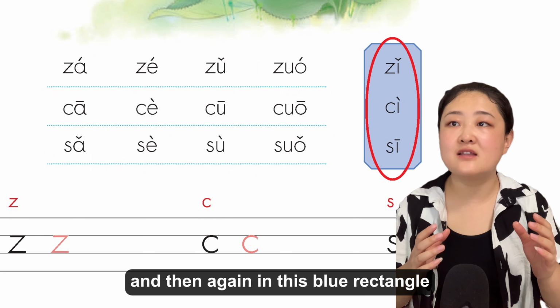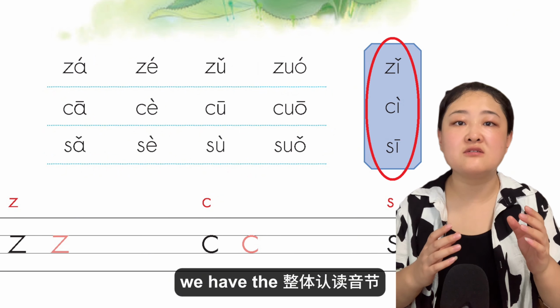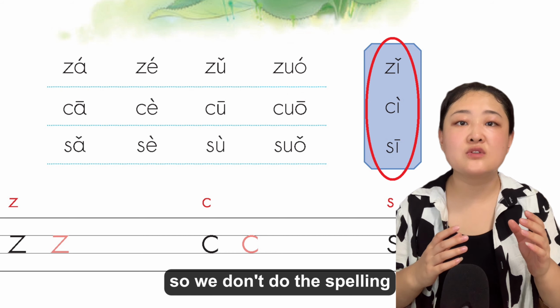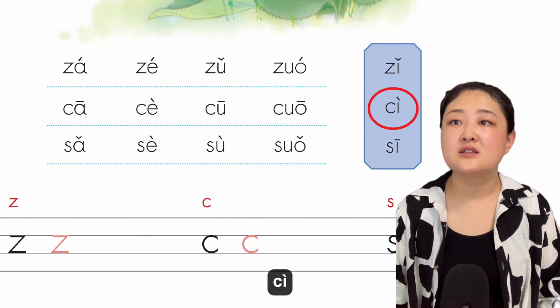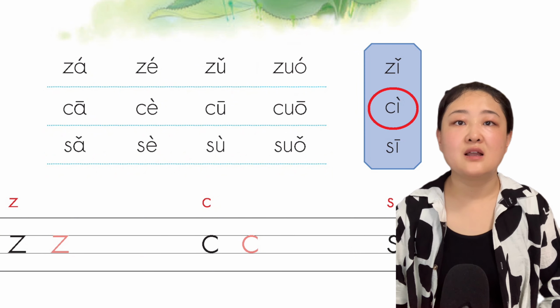And then again, in this blue rectangle, we have the 整体认读音节, so we don't do the spelling. Repeat after me. 子, 次, 思.